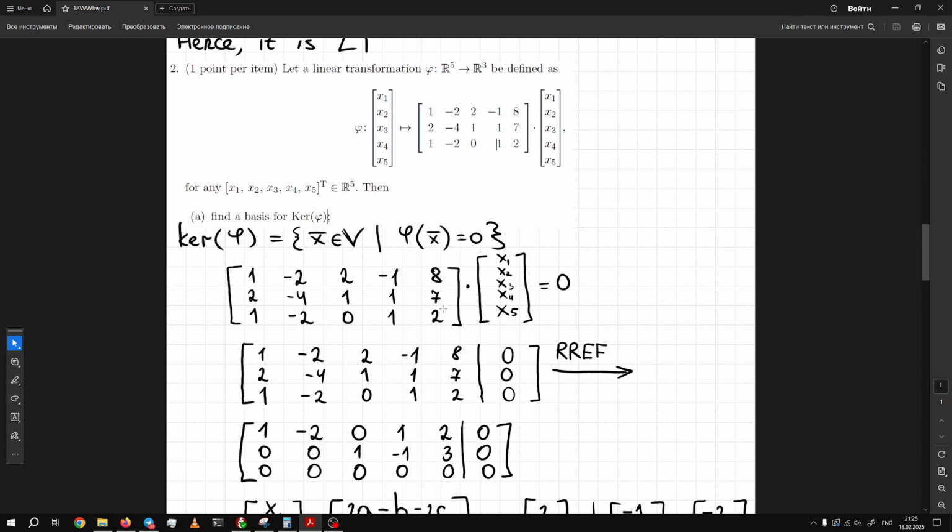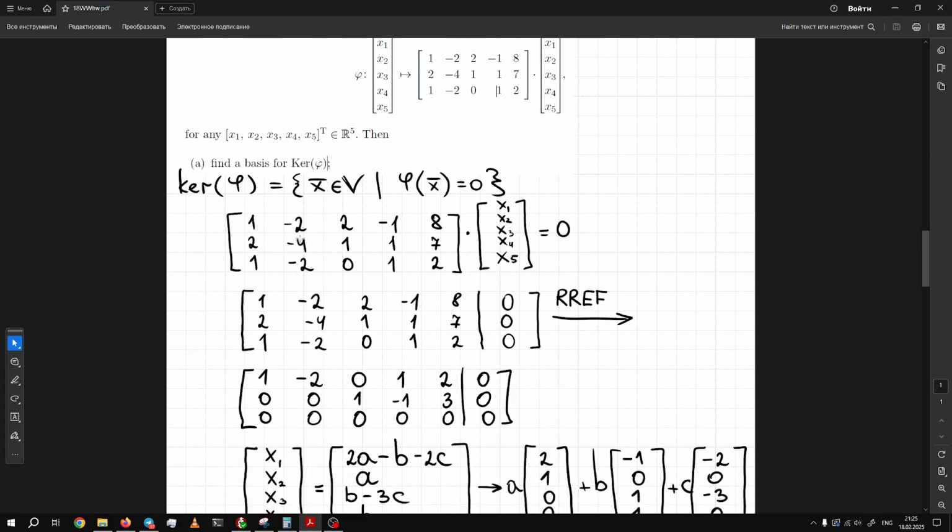It's our output. We have input, we have output. So a linear transformation is a function. For a more brief explanation of linear transformation, I really recommend you to watch the video from channel 3Blue1Brown. It's a really good video.